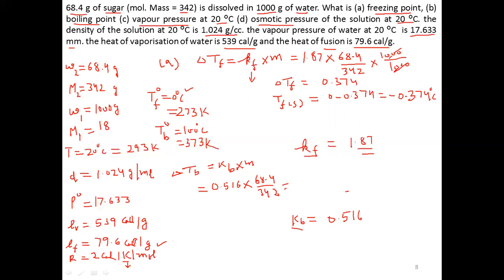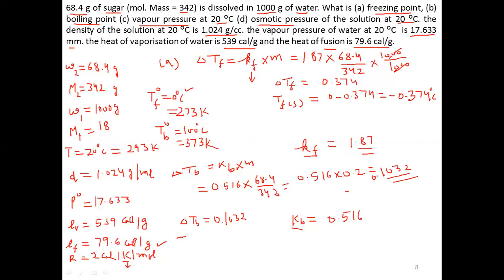So 0.516 into 0.2. 16 into 2 is 32, 5 into 2 is 10. So it is 0.1032. So delta TB we have calculated, it comes out to be 0.1032.